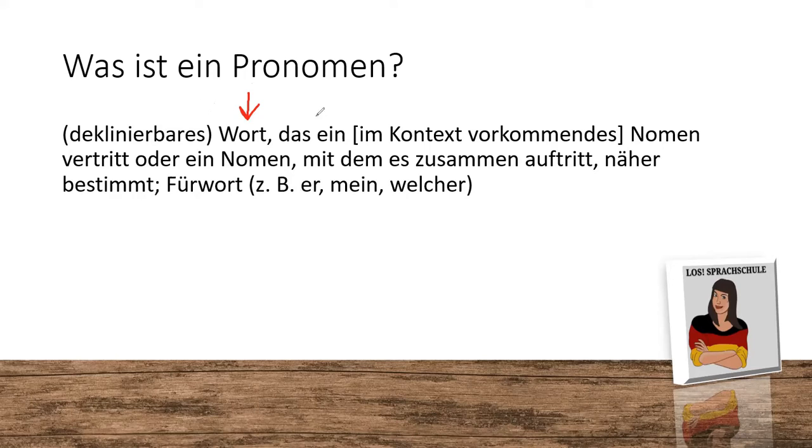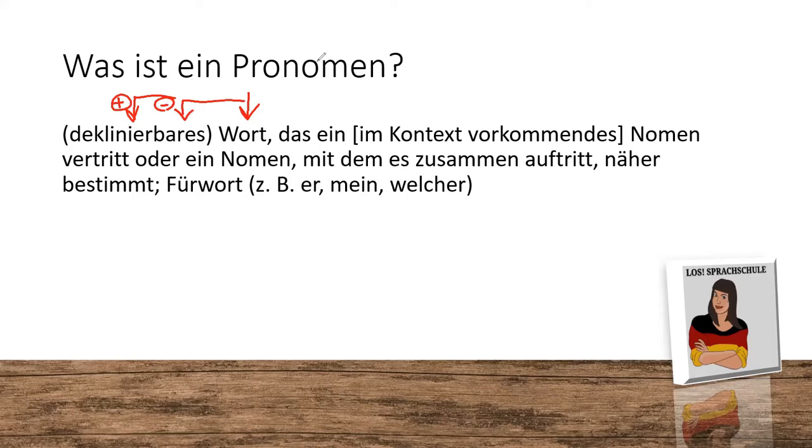Deklinierbares Wort, das ein im Kontext vorkommendes Nomen vertritt oder ein Nomen, mit dem es zusammen auftritt, näher bestimmt. Fürwort. So a pronoun is a word. Some of those pronouns are declinable, I think, in English. Not all of them, you will see this today. Some of them are, and some of them are not.